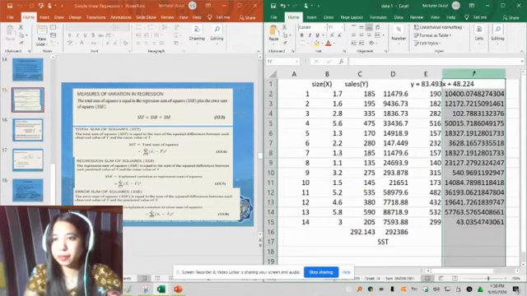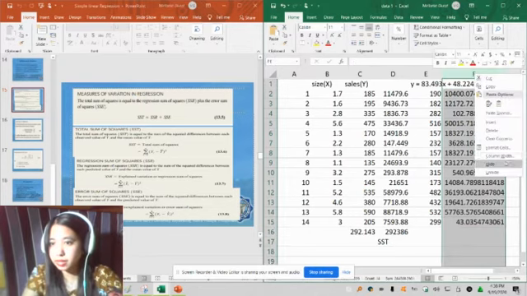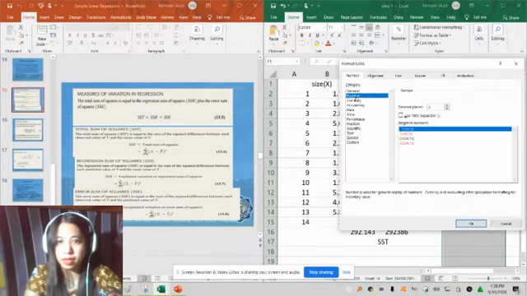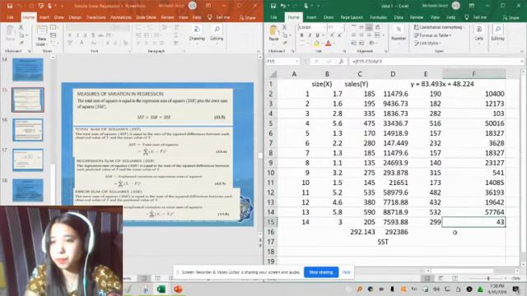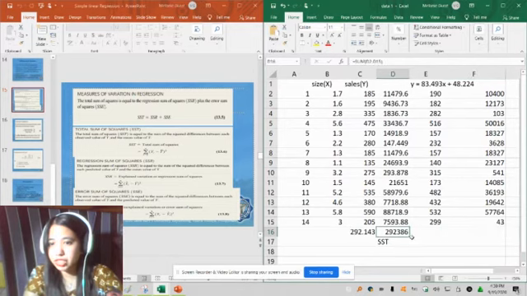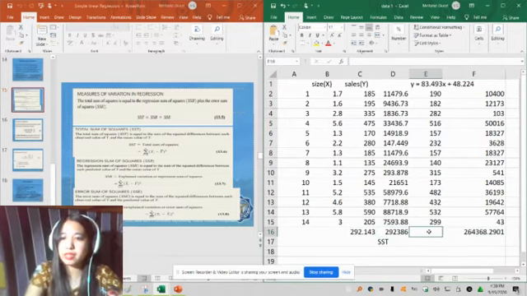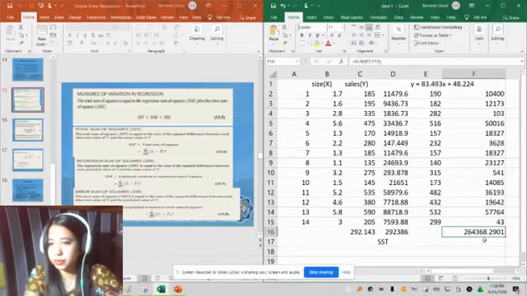Okay, so we can again limit this to the desired number of decimal places. Let's place 0, and then we can just drag this to get the sum. But we do not need this value. What we need is this one.